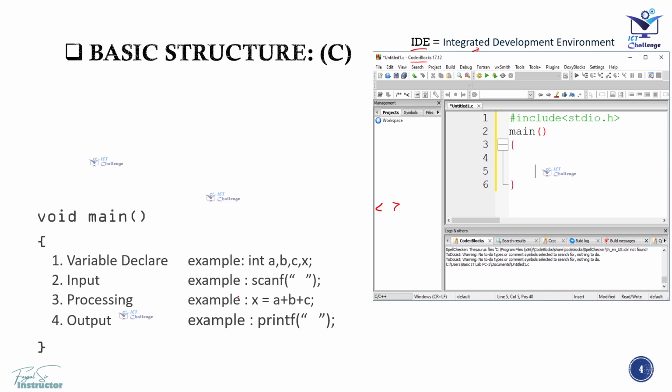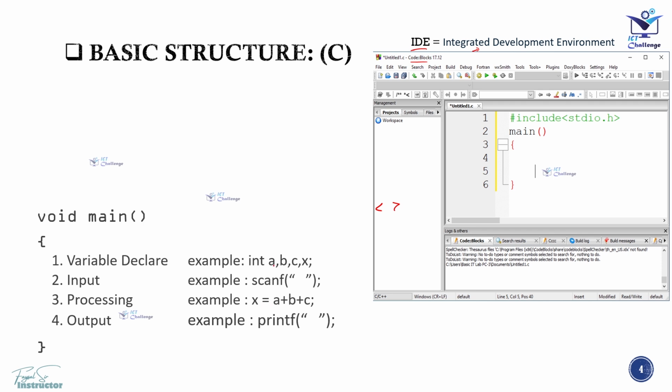So when you want to work with those variables, at first you have to declare them at the beginning of your program, because otherwise the computer will not understand those words as variables. So that's why at first we have to declare the names of those variables, whatever you want in your program. Here we use a, b, c and x.